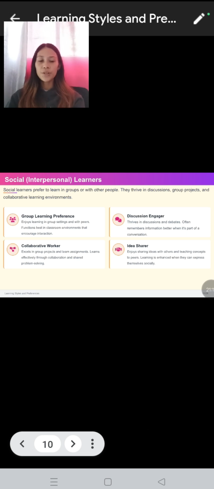Next is collaboration workers. They excel in group projects and team assignments. They learn most effectively when they are collaborating and sharing the work of solving a problem with others. Next is idea sharer. They enjoy sharing their ideas with others and teaching concepts to their peers.